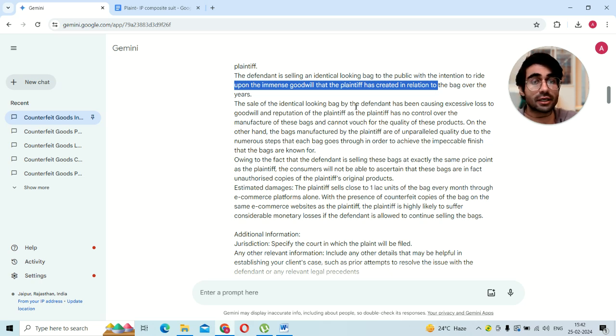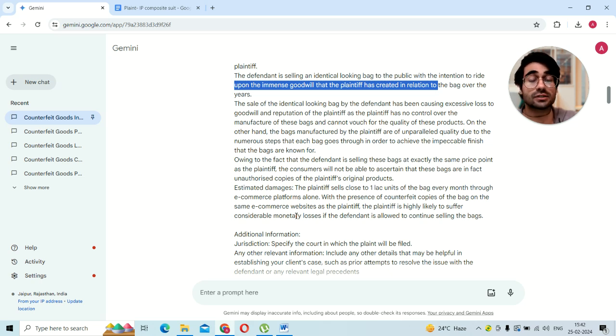The sale of the identical looking bag by the defendant has been causing excessive loss to the goodwill and reputation of the plaintiff, as the plaintiff has no control over the manufacture of these bags and cannot vouch for the quality of these products, right? If a very popular product is being sold not by the authorized representative, but by somebody that the plaintiff does not have control over, then the plaintiff cannot really say what is the kind of quality of goods that are being sold.